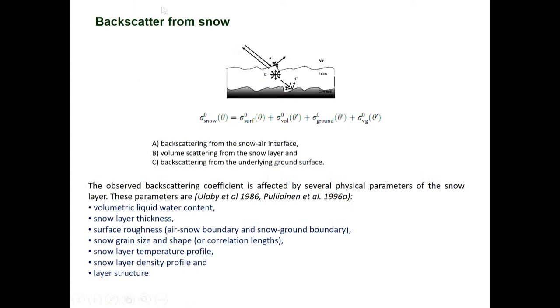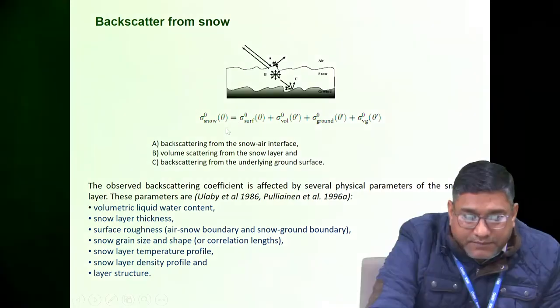In active microwave remote sensing data, we analyze the backscatter. So how much is the backscatter? From the snow surface, we will have backscatter back to the sensor.